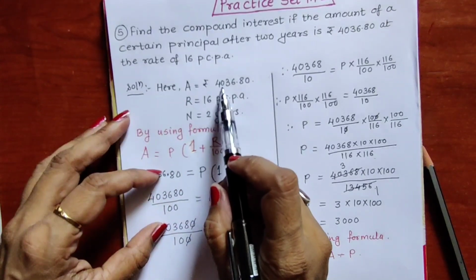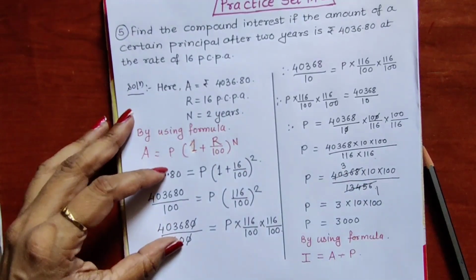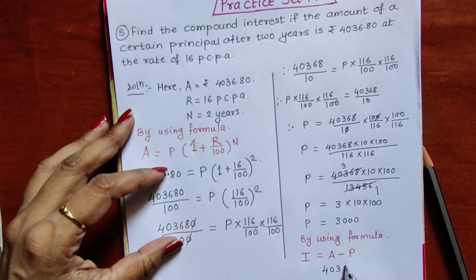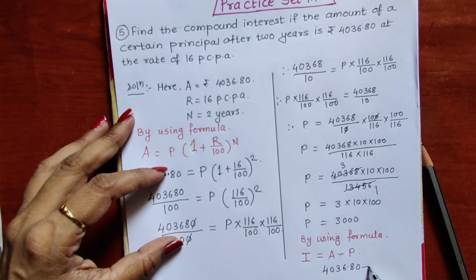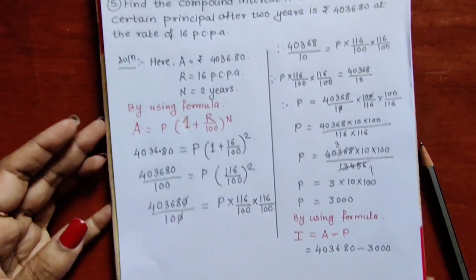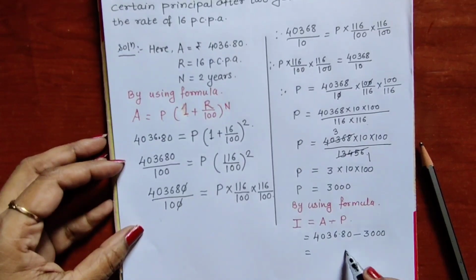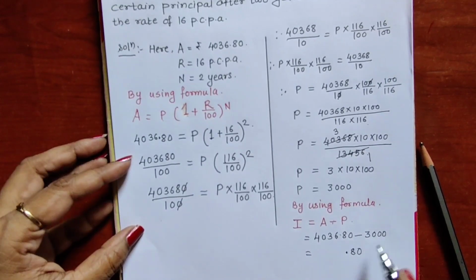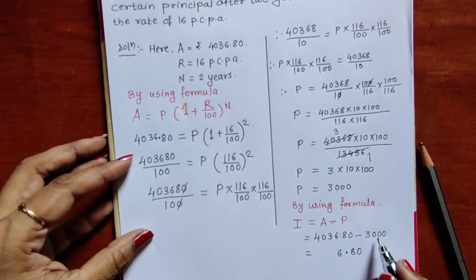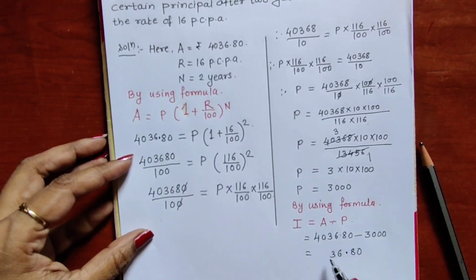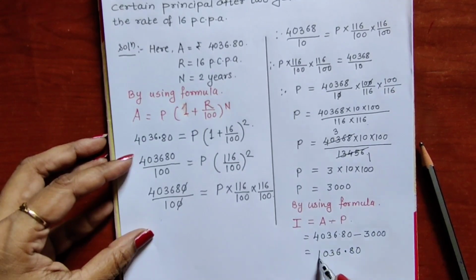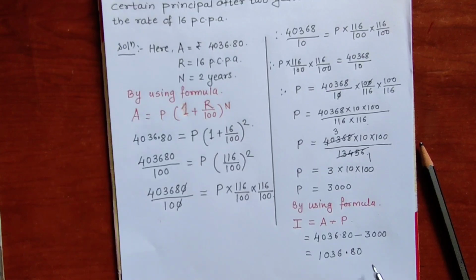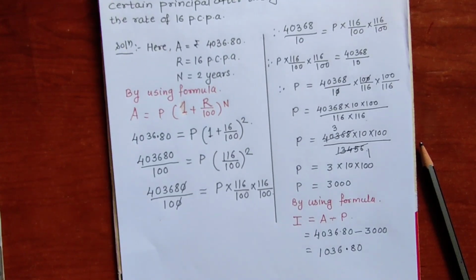Amount is given to us, 4036.80 minus principal, just now we have got 3000. So 0.80 we can write as it is, 0.80, and 6 minus 0 is 6, 3 minus 0 is 3, 0 minus 0 is 0, 4 minus 3 is 1. So in this way 1036.80 is our compound interest.